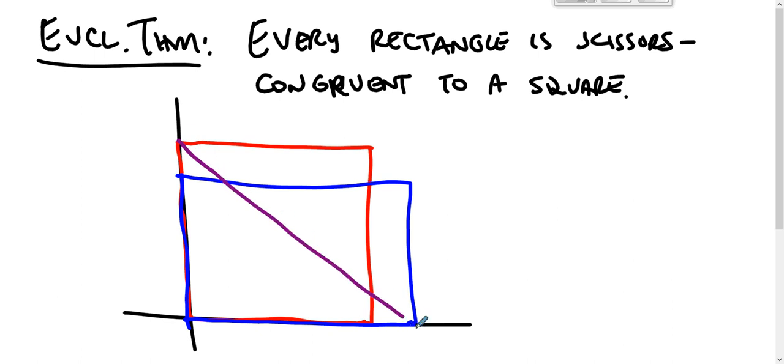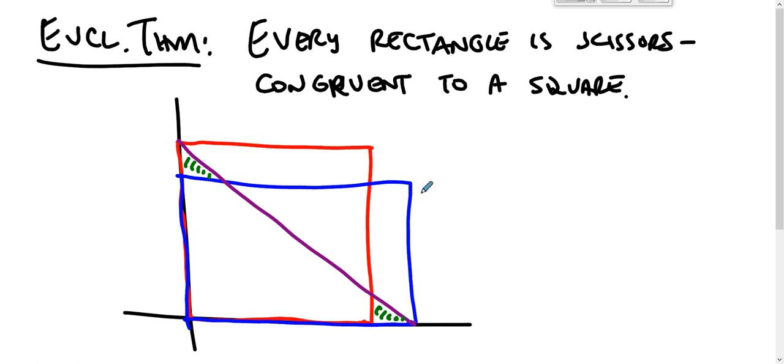You can draw that line in, and you and I are both pretty sure that this little piece ends up down here, and this triangle basically slides down the purple line and makes the blue rectangle out of the red one. So in Euclidean geometry, every rectangle is scissors congruent to a square, and we can make it happen in this sort of a way.